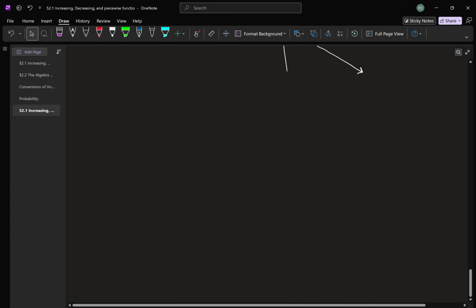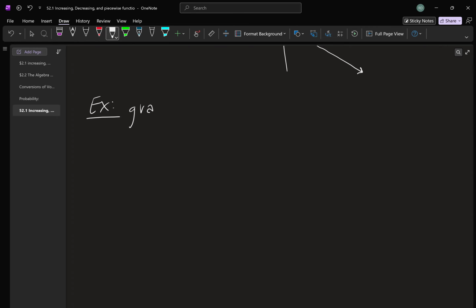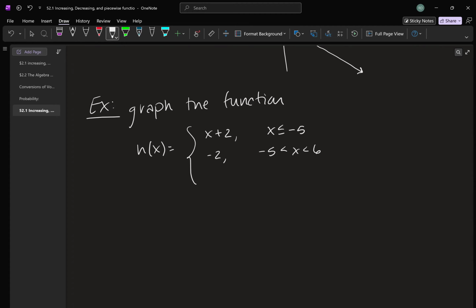Let's try one with 3 functions in it, 3 pieces. We have x plus 2 with the domain x is less than or equal to -5, -2 on the domain x is between -5 and 6, and 1/2 x for the domain x is greater than or equal to 6.